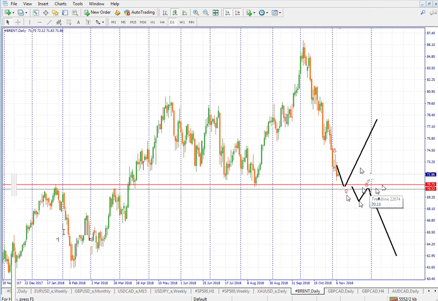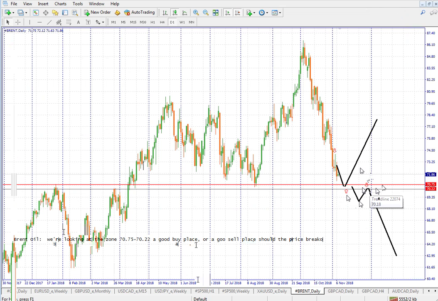So this breakout should be done with a big candle. This break below should be done with a big red candle. So this is what we are looking at.